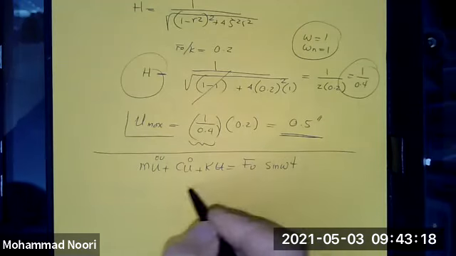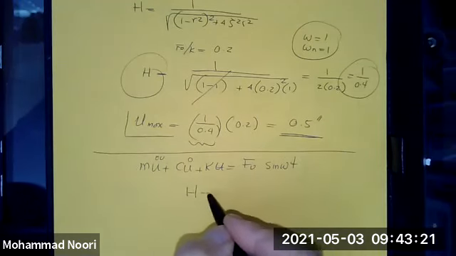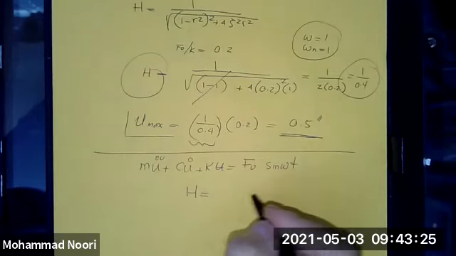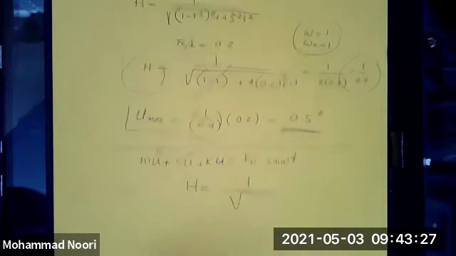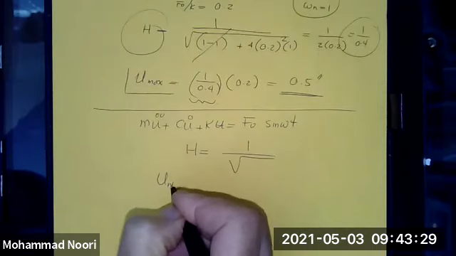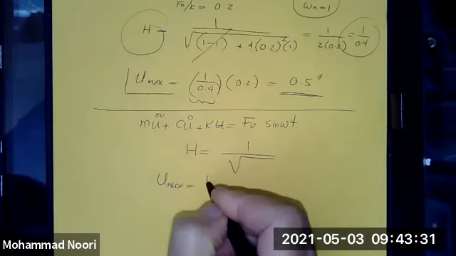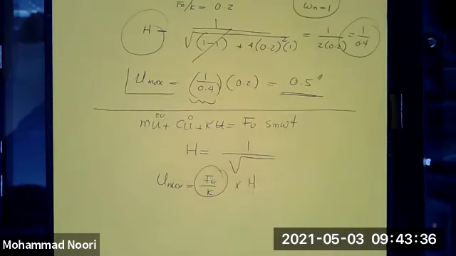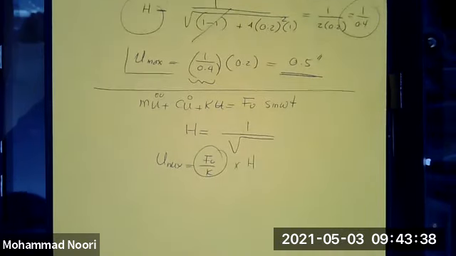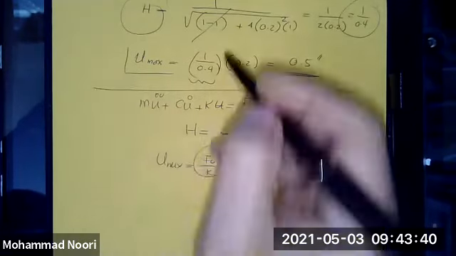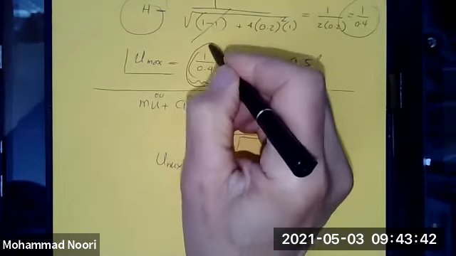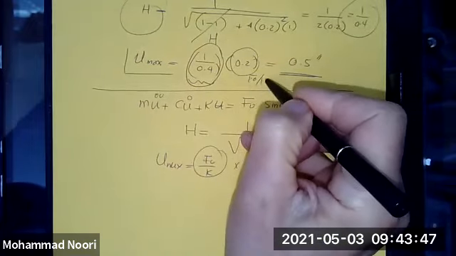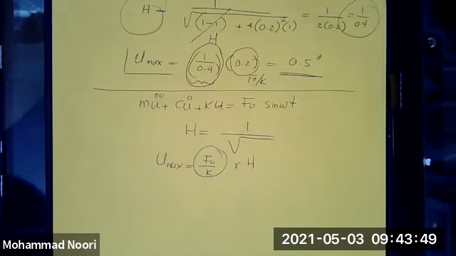We said that H is the frequency response, right? So the maximum response is always the static response times H. That's how we find U max. This is H, this is F0 over K. Does it answer the question?